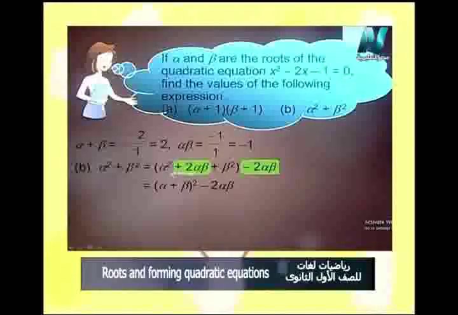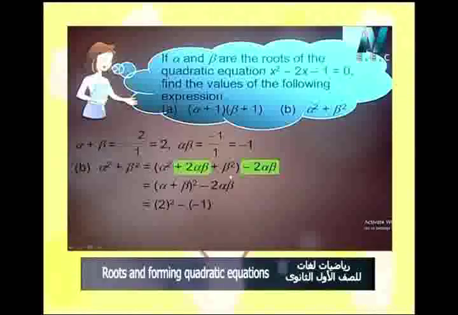Here alpha power 2 plus 2 alpha beta plus beta power 2 equals, of course, the bracket alpha plus beta all power 2, and we will keep negative 2 alpha beta. We did that because we have here alpha plus beta, and we don't have alpha power 2 plus beta power 2.